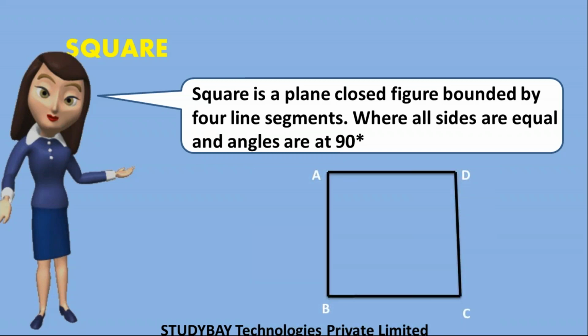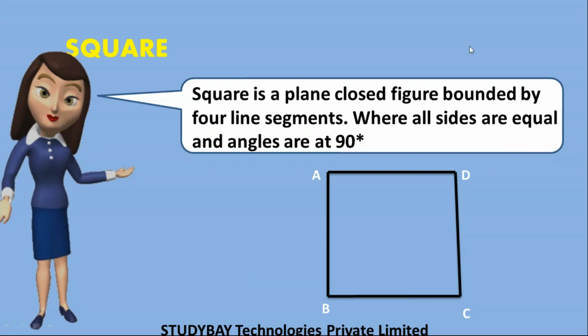You can see the figure here, and AB is equal to CD is equal to BC is equal to AB, right? And all the angles, whether it is angle A, angle B, angle C, or angle D, all of them are equal to 90 degrees.